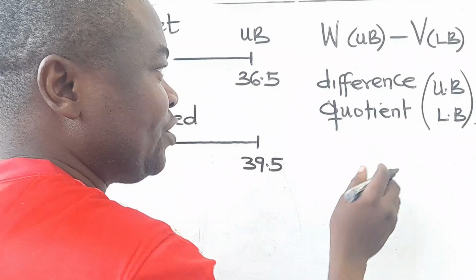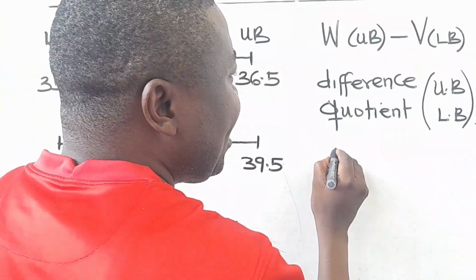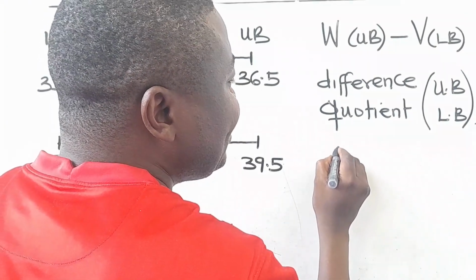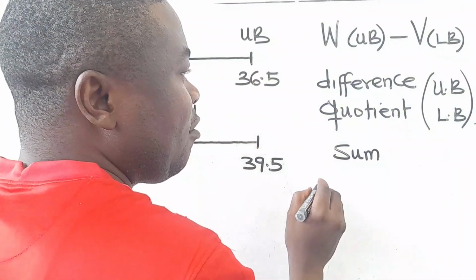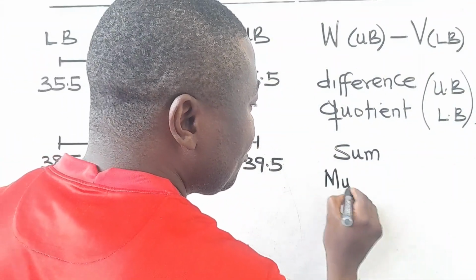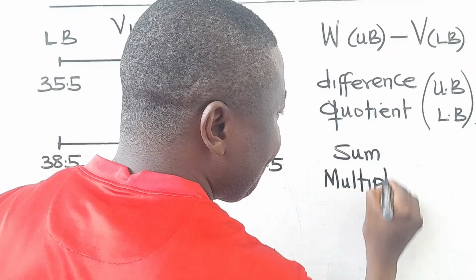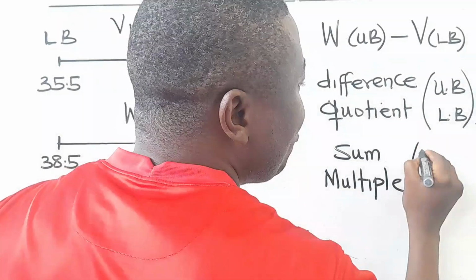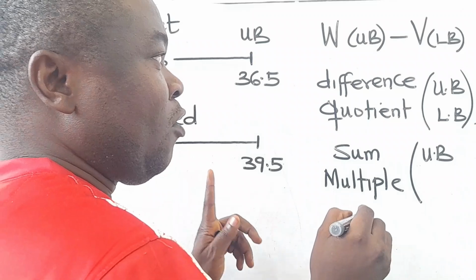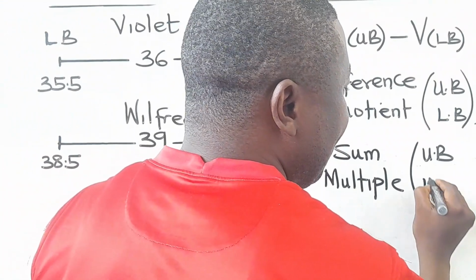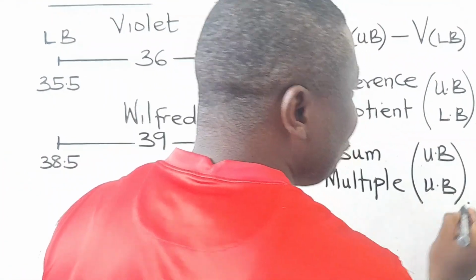But when they say looking for the addition or the sum or the multiple, we use both upper bounds.